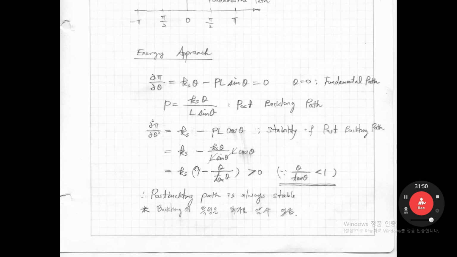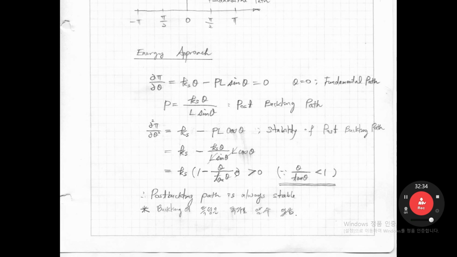Ks, 1 minus theta over tangent theta. That is the equation. Do you know theta over tangent theta is always less than 1? Here theta is a radian value, so this is always less than 1.